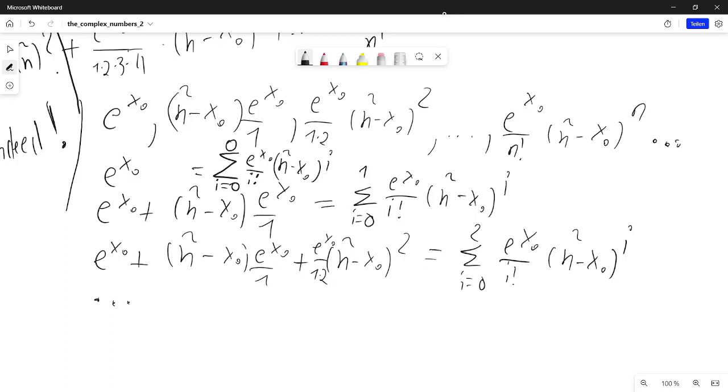We have just i equals 0, so that is the first subjob.